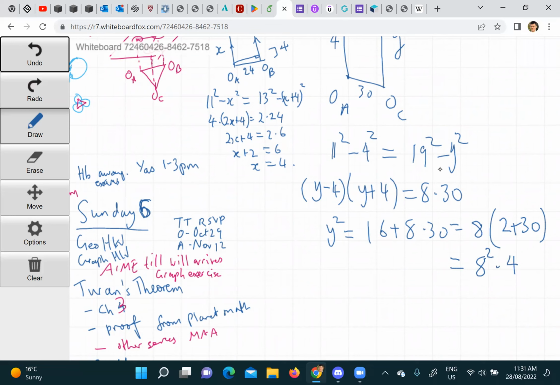So y equals 8 times 2, which is probably 16. If it was minus 16, it wouldn't work because they're on the same side. Okay, and we are done. I guess it works. Yeah.